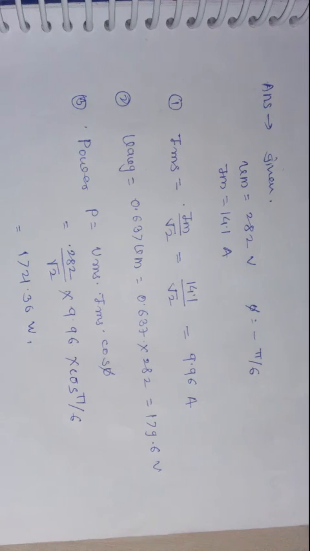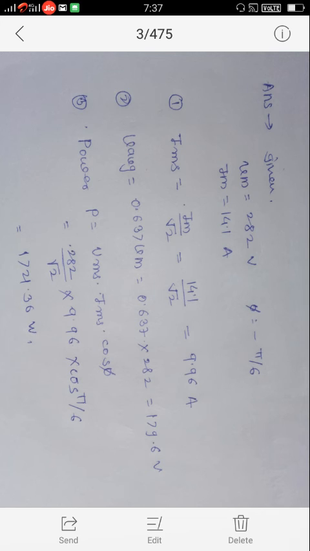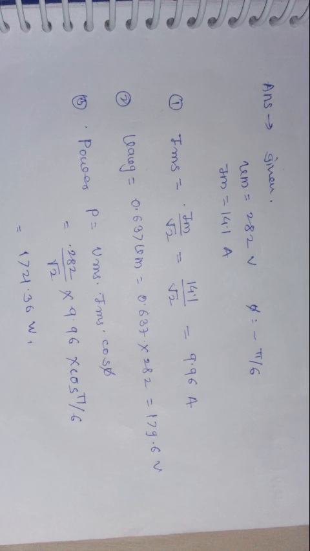From the numerical, the given values are Vm is equal to 282, phi is equal to minus pi by 6, Im is equal to 14.1 ampere. First we will calculate Irms by using the formula Im upon root 2, which is 14.1 upon root 2, and the answer comes 9.96 ampere.